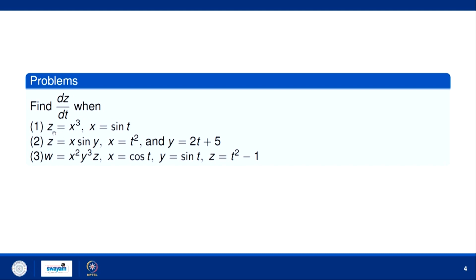Say you have a function of only one variable, z equals x cube, and x is a function of t, x equals sin t. How can you compute dz by dt? In this problem z is x cube, a very simple illustration, and x equals sin t.